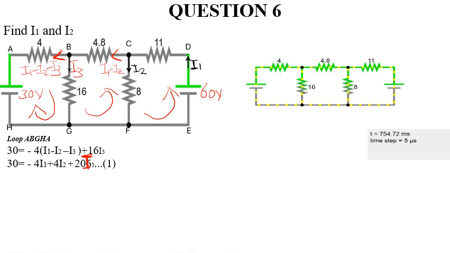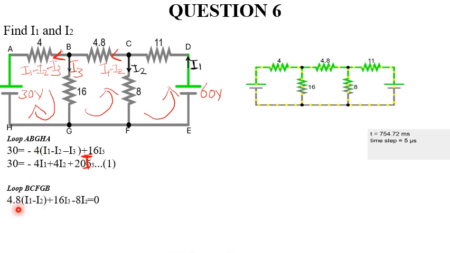We first meet minus 8 I2, because this I2 is coming in the opposite direction, so it becomes minus, plus 4.8 times I1 minus I2, plus 16 I3.